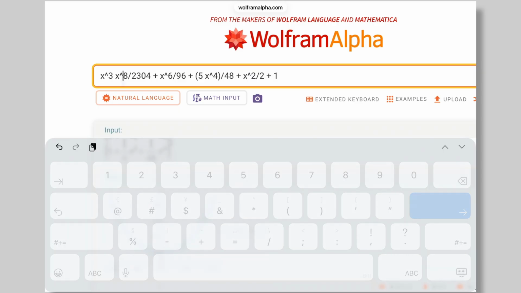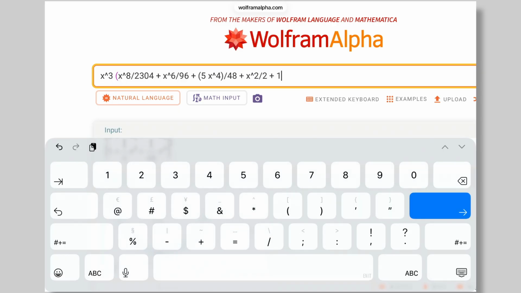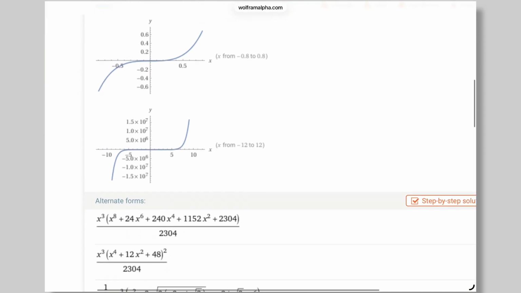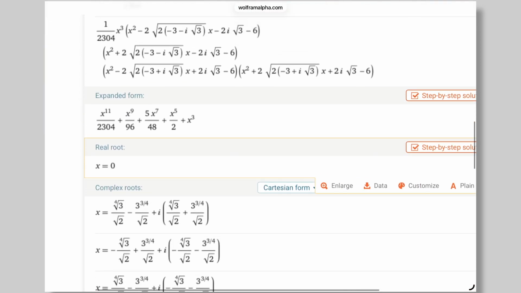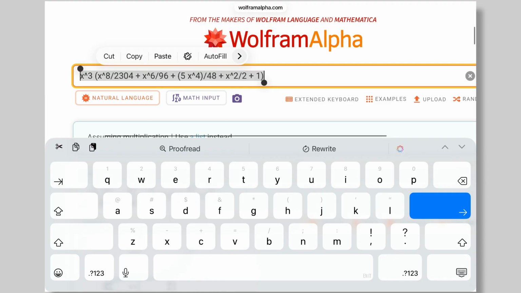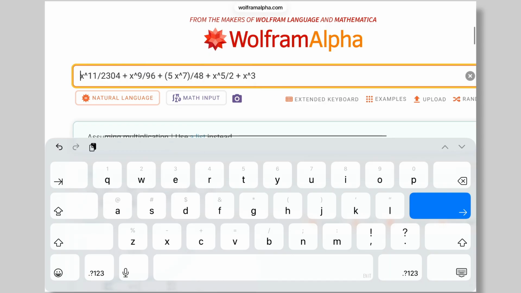I see I need some parentheses in here, so let me make that happen. I'm again going to go down to the expanded form and go for the copyable text. I'm going to copy that, paste it up here, but we need the reciprocal of that.